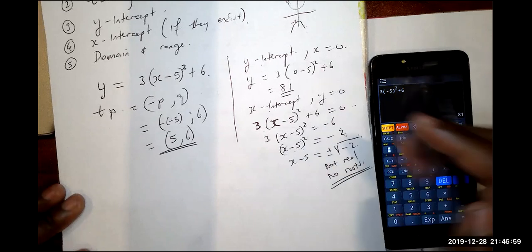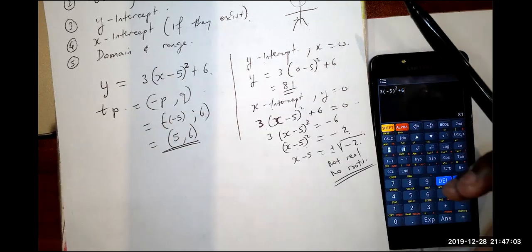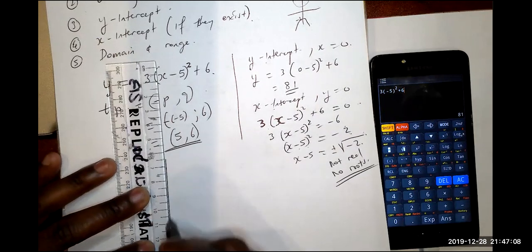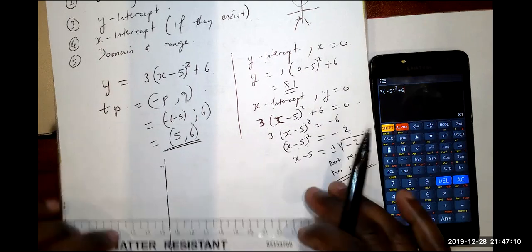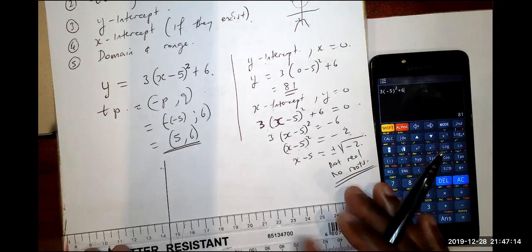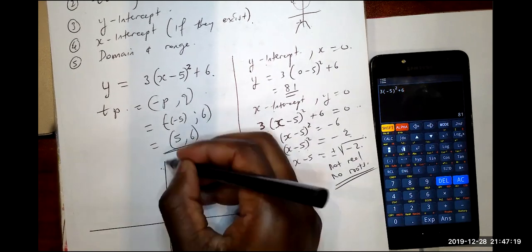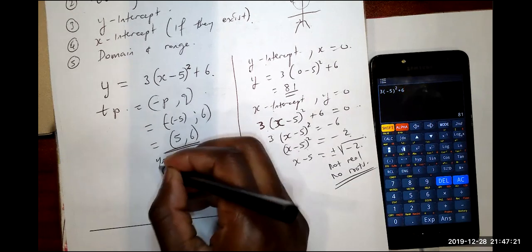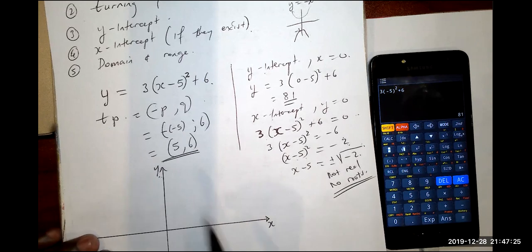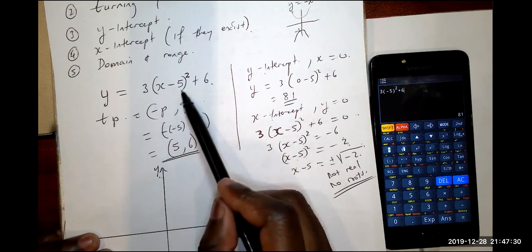So what else you need to know there is the domain. The domain, you actually must be clear about when you sketch it. Remember, you don't sketch the domain, but you explain the domain. State what is my domain there. So that's your x, that's your y. We are told that the turning point is 5 and 6.